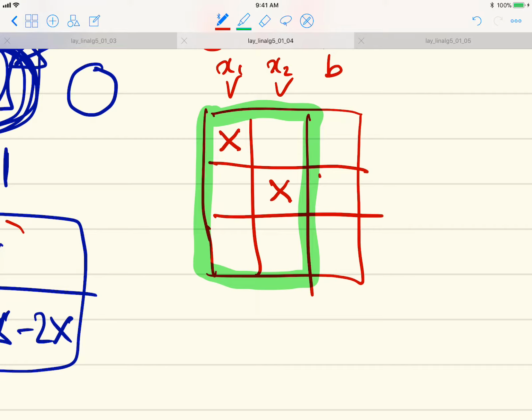Pivots exist at most only once per column and per row. So suppose we found the pivot here. Can we find a pivot in these lower entries? It is not possible, right? And thus we move on to this submatrix. That's how we do the row operation.